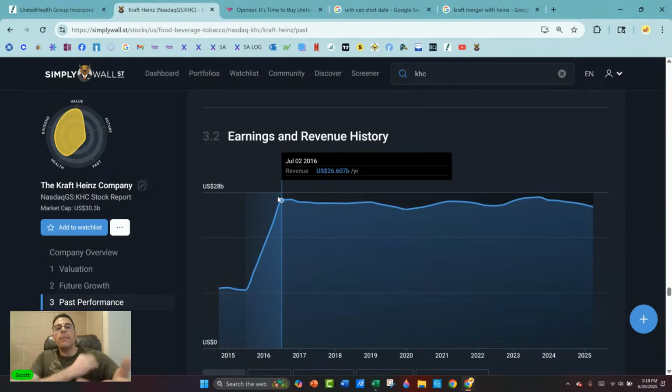But a company like this should just keep going up, because they should be developing new products. Even if they're not, they should be selling more of all the products, like Heinz ketchup. Instead of selling 1 billion of Heinz ketchup, maybe it's 1.1 billion. Or you raise prices, things like that. They're just not keeping up.